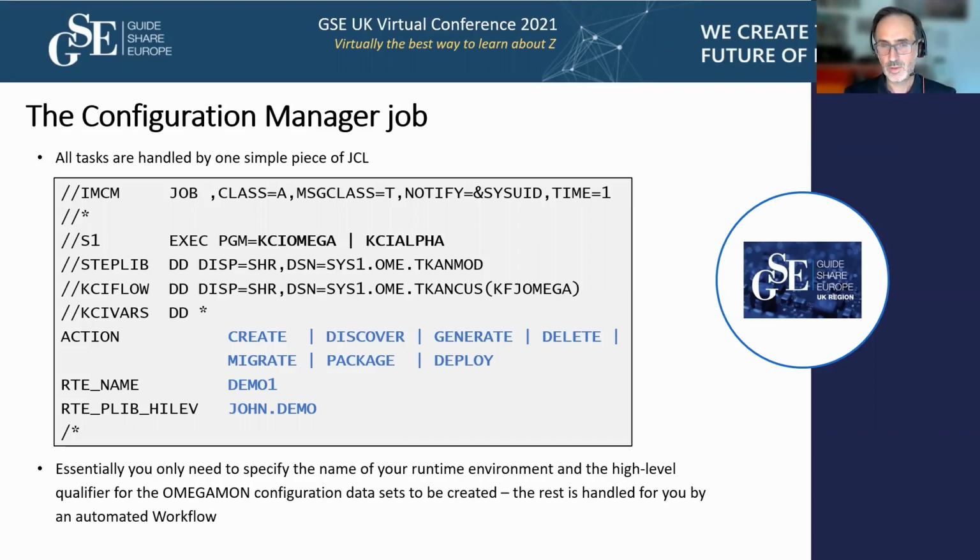And we'll look into the last three in a little bit more detail on slides. And we'll have a demo on the first four actions following this slide part. The additional two parameters are obviously the RTE name that you want to create and a high-level qualifier specification on where your RTE-def dataset should reside.